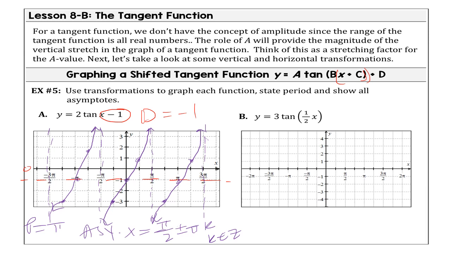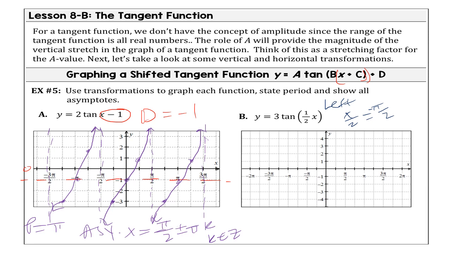On my left, I am normally at negative pi over 2. Now we set x over 2 equal to negative pi over 2. When I cross multiply and divide, I get that I'm now at negative pi.